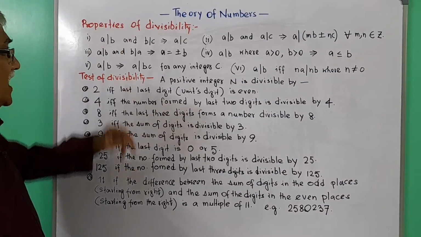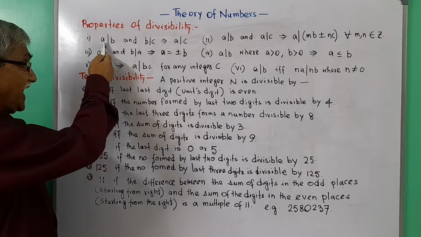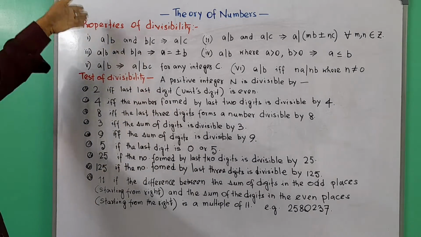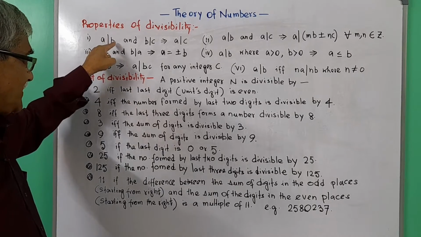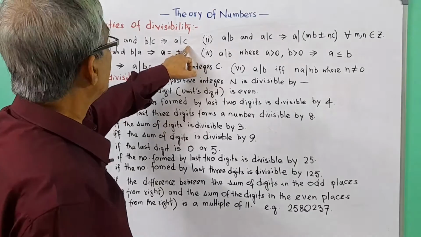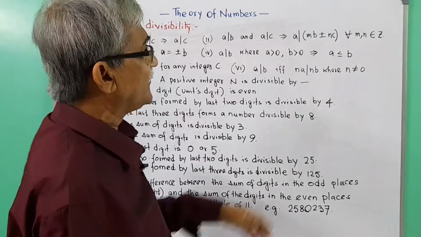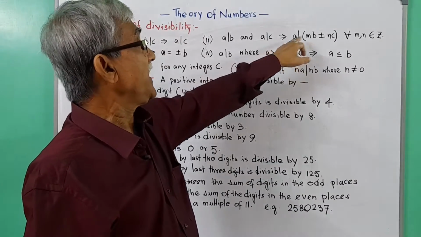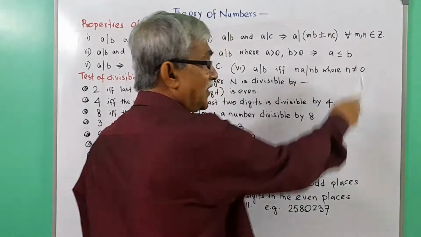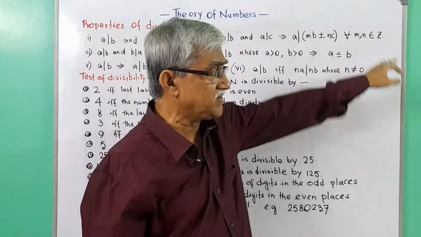Next are the properties of divisibility. One: if A divides B and B divides C, then A divides C. Two: if A divides B and A divides C, then A divides MB plus or minus NC for all M, N belonging to Z. Z is the set of integers.